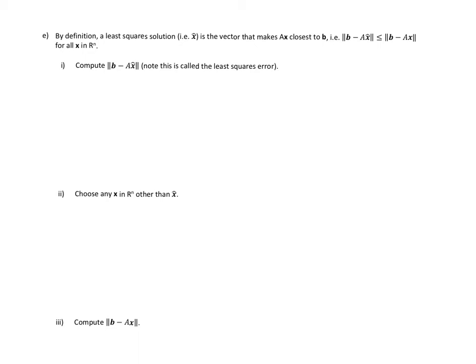Okay, so B was 3, -1, 5, minus A times x hat, which we already computed in a previous problem, is 4, -1, 4. And I want to take the length of this.